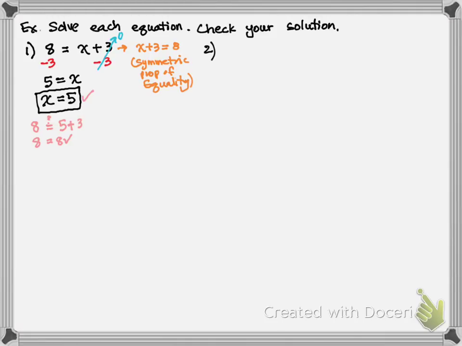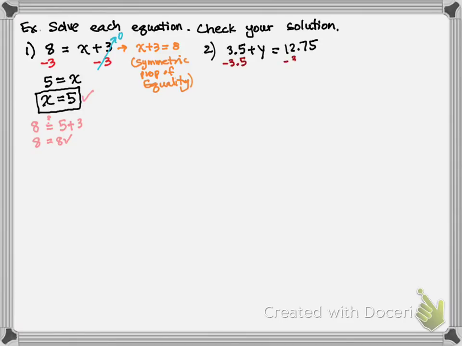We've got our old friend decimal. Hello. We have 3.5 plus y equals 12.75, or 3 and 5/10 plus y equals 12 and 75/100. All right, so the inverse of adding that 3.5 would be subtracting 3.5.